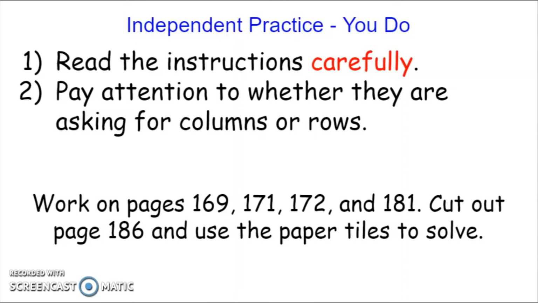And if you don't have a printer, don't worry about it. Just write down the problems on a separate piece of paper and solve it on your own the best that you can. If you don't or can't cut out page 186, you may practice drawing like I did in the first part of the teacher model. That is also okay. If you have page 186, it will be much easier.